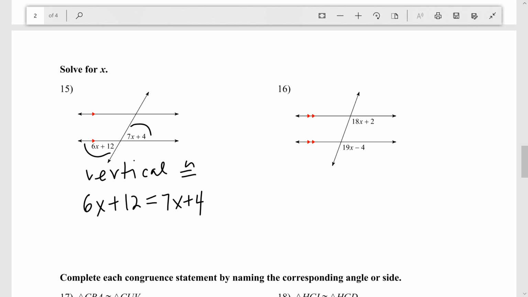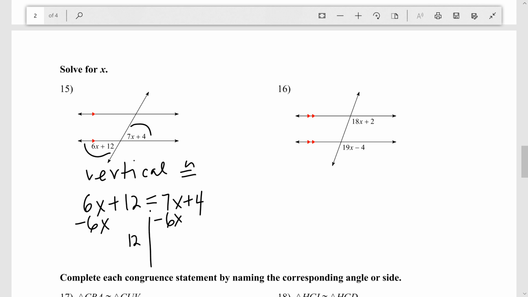Now we've just got an algebra problem here. I see 6x is on my left, 7x is on my right. And so I'm actually going to move my 6x, because if I moved it the other way, note how we would get a negative x amount.